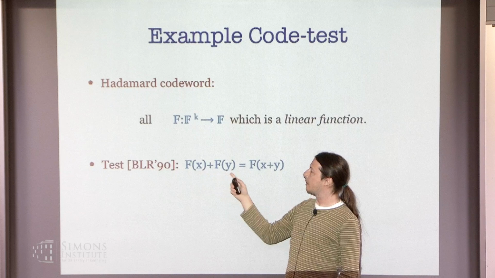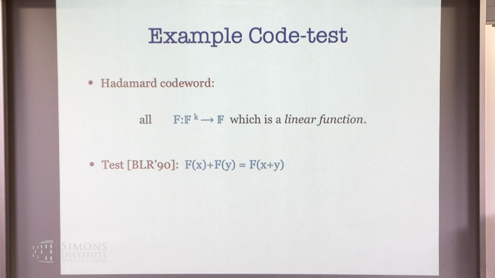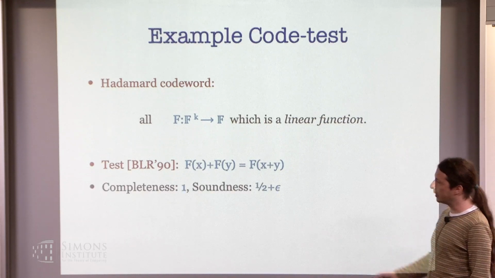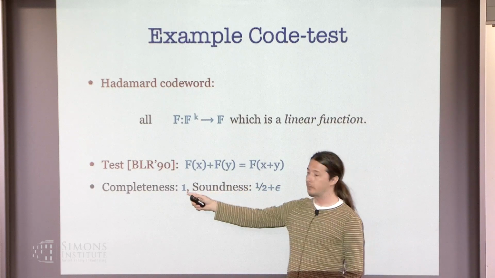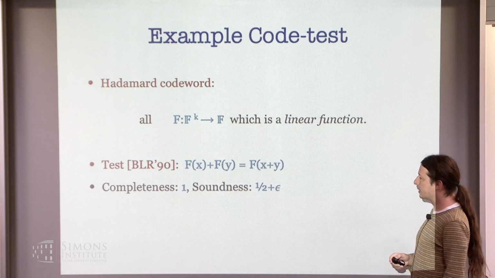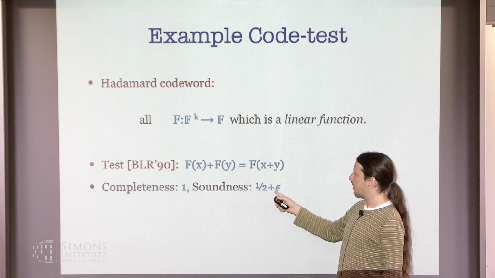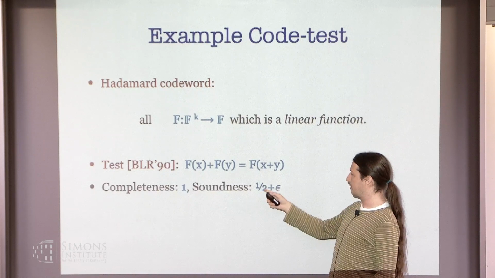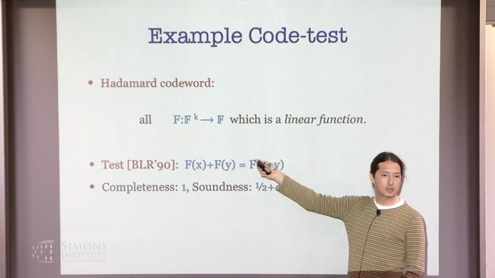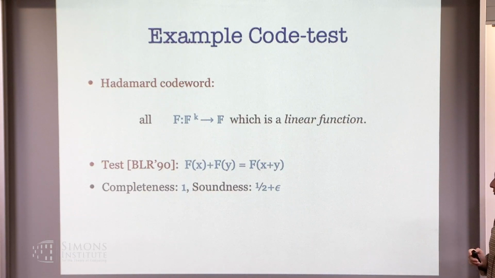Just pick 2 points x and y and see if f(x) plus f(y) really equals f(x+y). And if f is really linear, then you have completeness 1, right? You always accept. And it turns out that you can get the soundness to be 1/2 plus epsilon, anything greater than 1/2. Of course, a random function will satisfy this equation with probability 1/2 for a field of size 2.